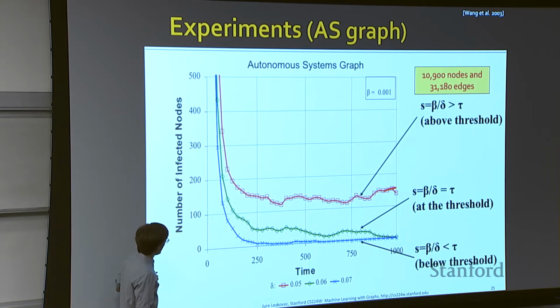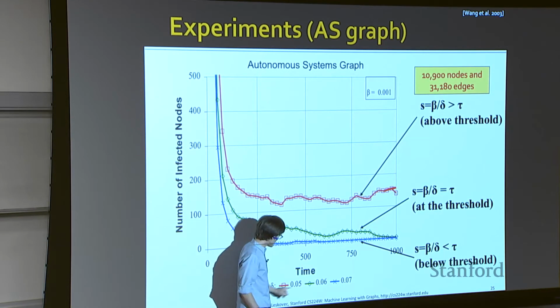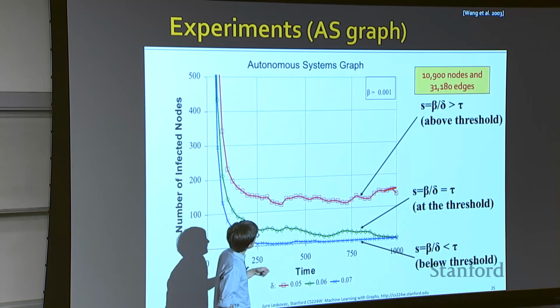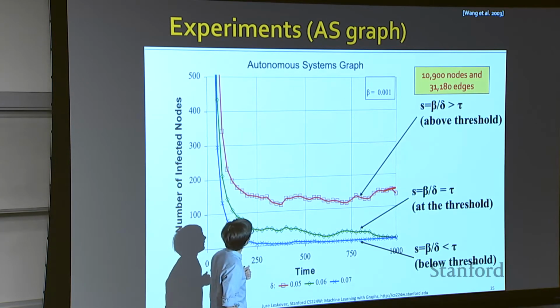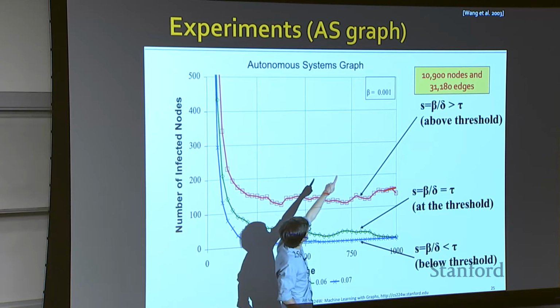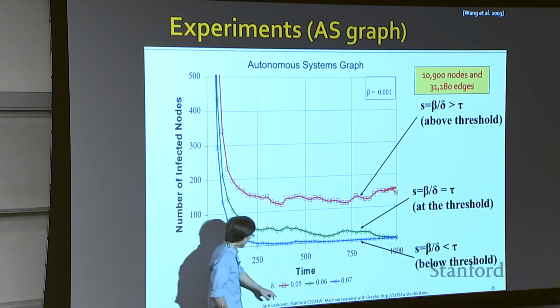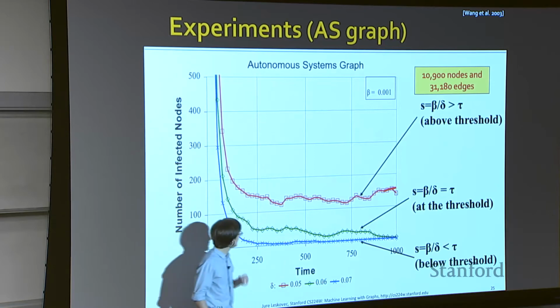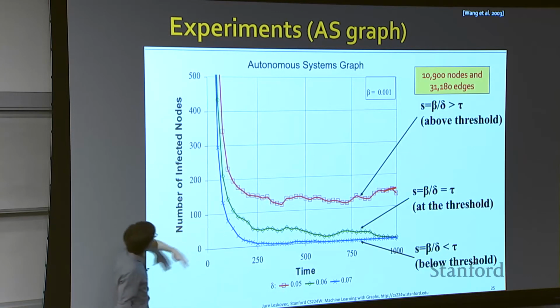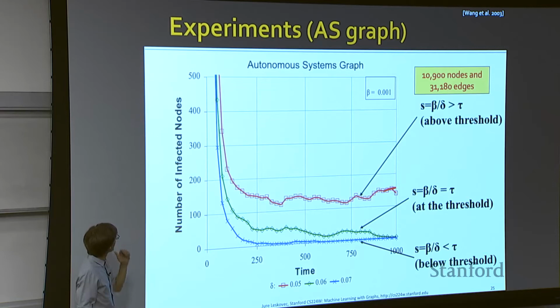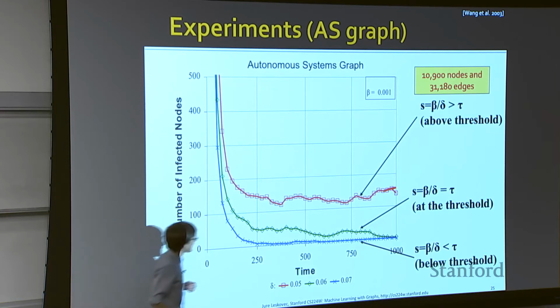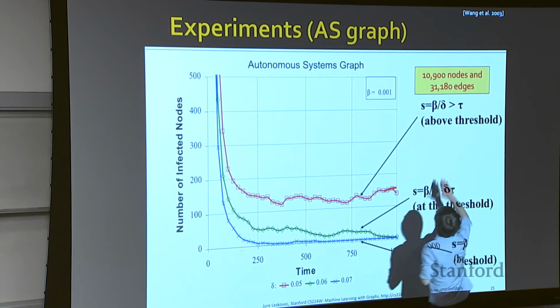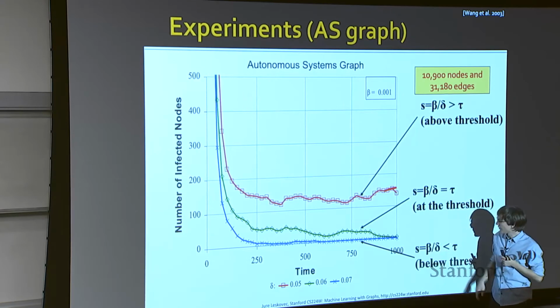We are fixing beta to be a fixed number, and then we are changing delta so that beta over delta has different values. Beta is 0.001, and delta is 0.05, 0.06, 0.07. The x-axis is time, the y-axis is number of infected nodes.